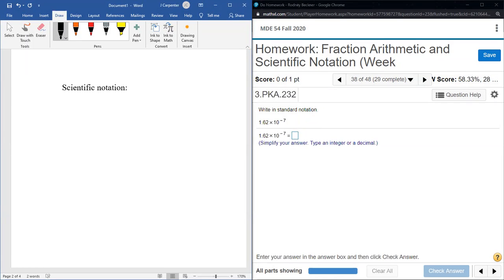This is where you take a number like 4,500, you turn it into what would look like 4.5 times 10 to the third. The left is what we call standard, and the right is what we call scientific notation. I'm just abbreviating.